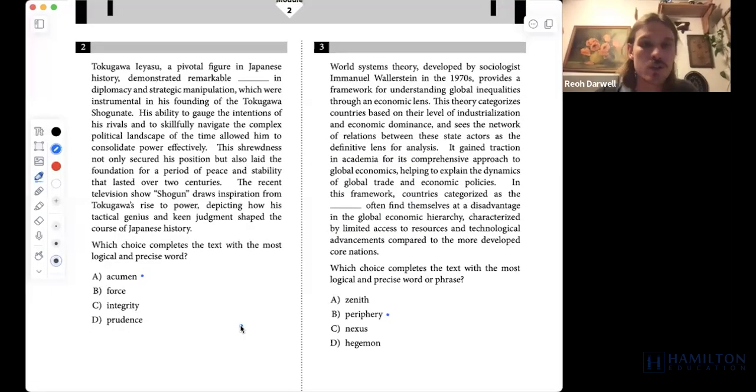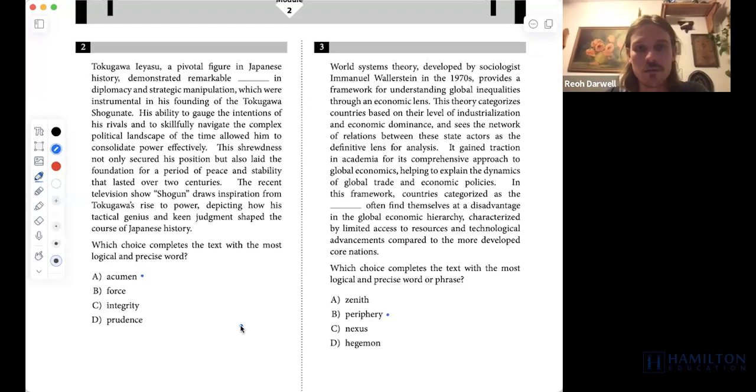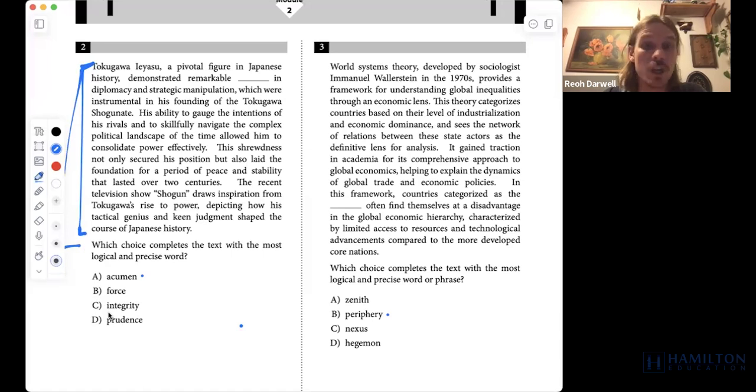All right, so question 2 here is another word and context question. I would really say if you're missing this question, you're likely not reading as much of this passage as you can, or as you should, right? So many of these will fit into this sentence, right? You can demonstrate remarkable integrity in diplomacy and manipulation of strategy.